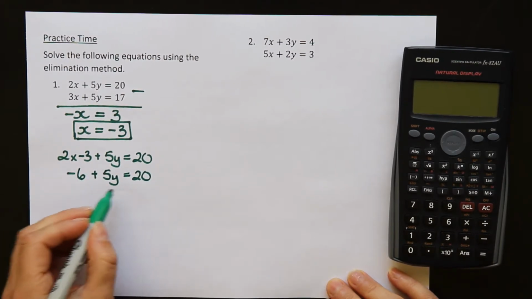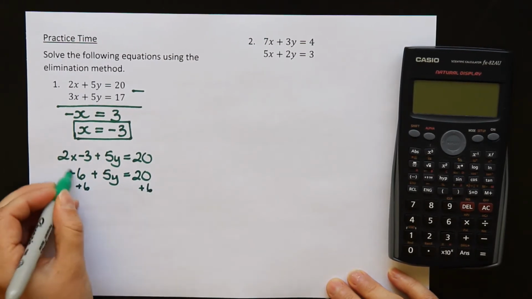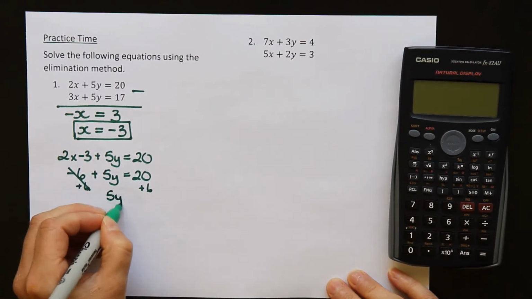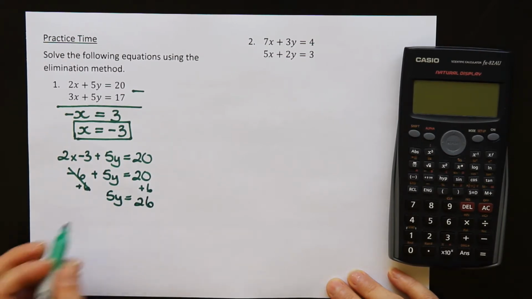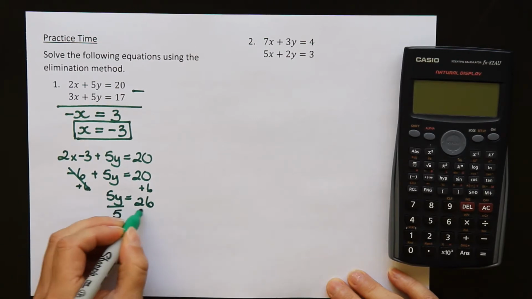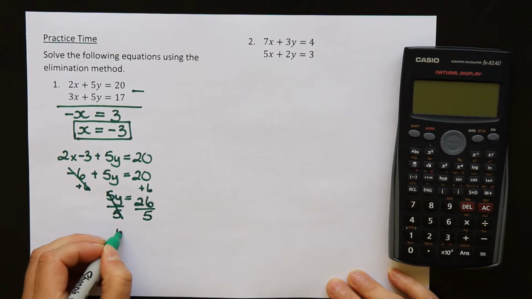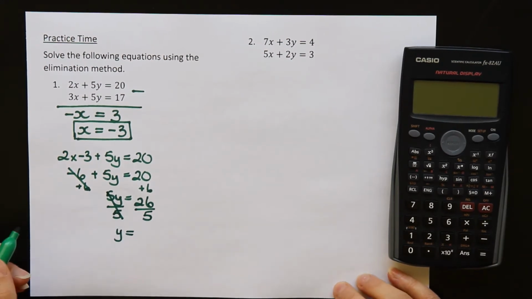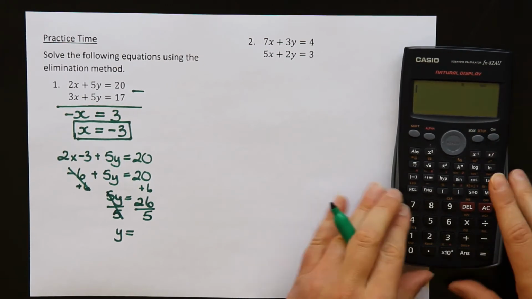Okay, let's move everything away from the y. So first of all, add the 6. 5y is equal to 26. Okay, and then I'm going to need to divide by 5. Okay, y is equal to, now this is not going to be an exact nice answer here.